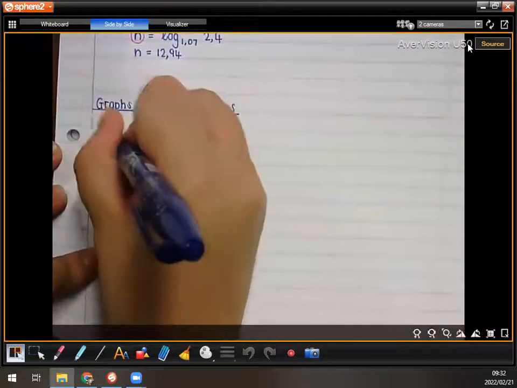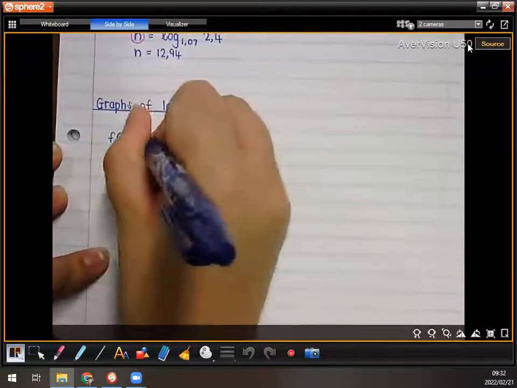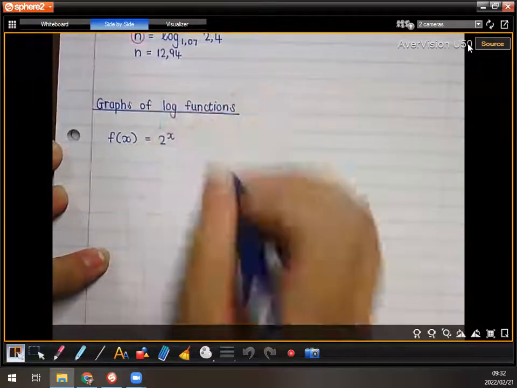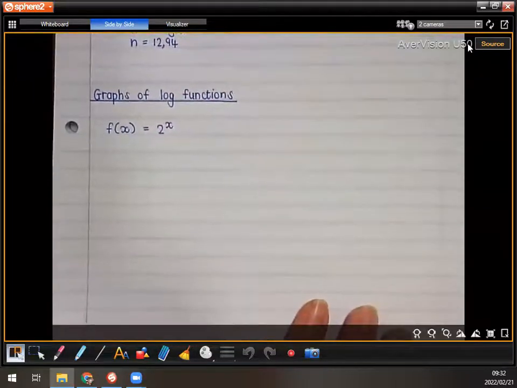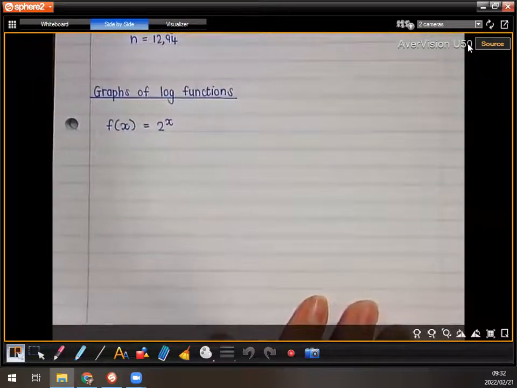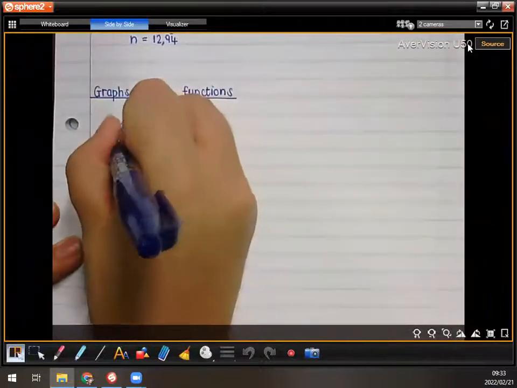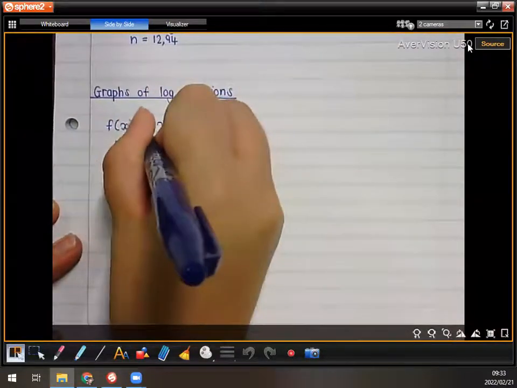Now, if you have f of x equal to 2 to the power of x, so we're starting with that function. What kind of function is this? An exponential function. All right, so this is actually y equals 2 to the power of x.